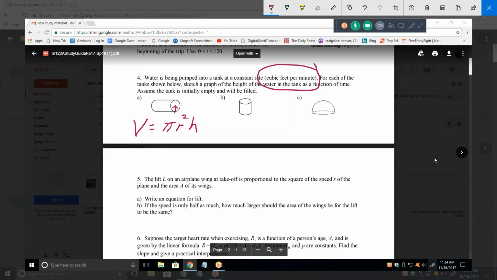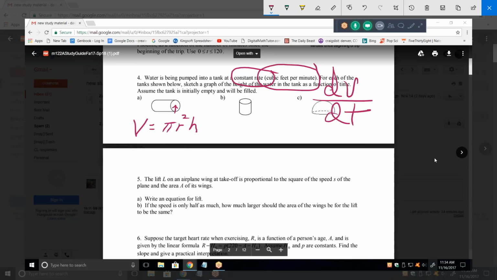This almost looks like a calculus problem, but it isn't, is it? It could be. Have you had this kind of calculus in this class? Well, we did it at the beginning of the year. This is for 122A. The reason I say that is that when you're talking about a rate, that is dV/dt.